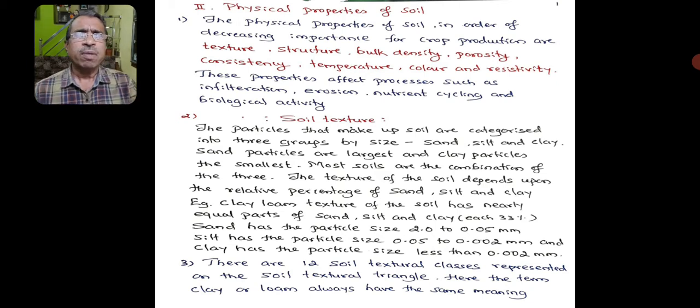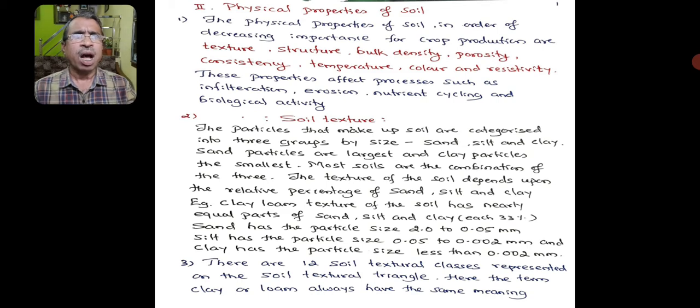Now coming to the first one, the soil texture. The meaning of texture is the arrangement of the soil structure. The particles that make up soil are categorized into three groups by size: sand, silt, and clay.